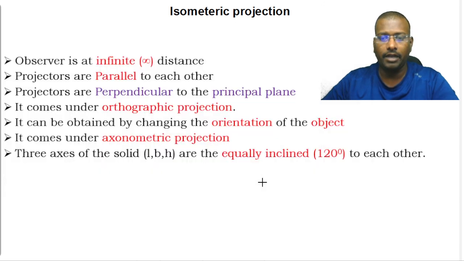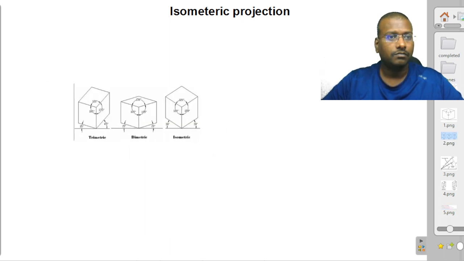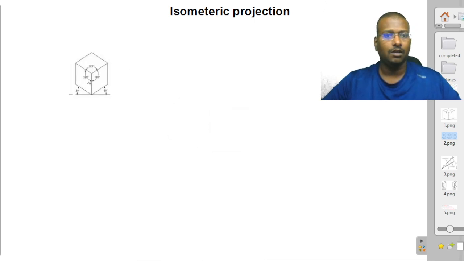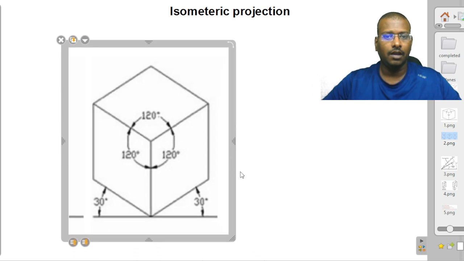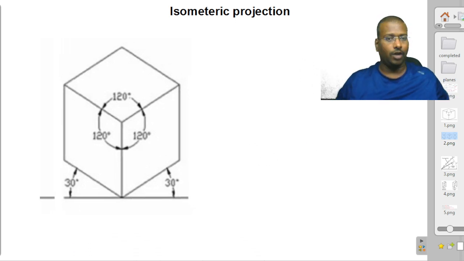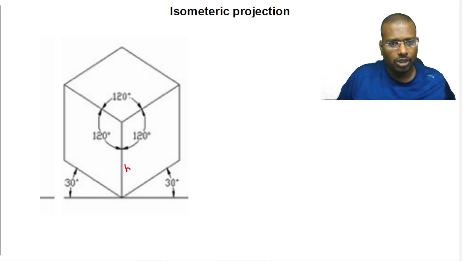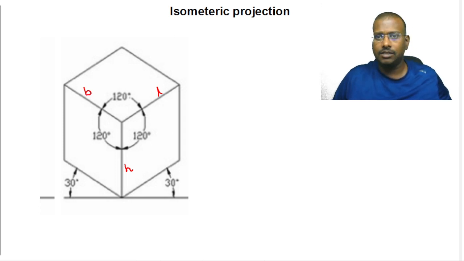So in this isometric projection, if you observe, length, breadth, height, all these three axes make 120 degrees with each other.